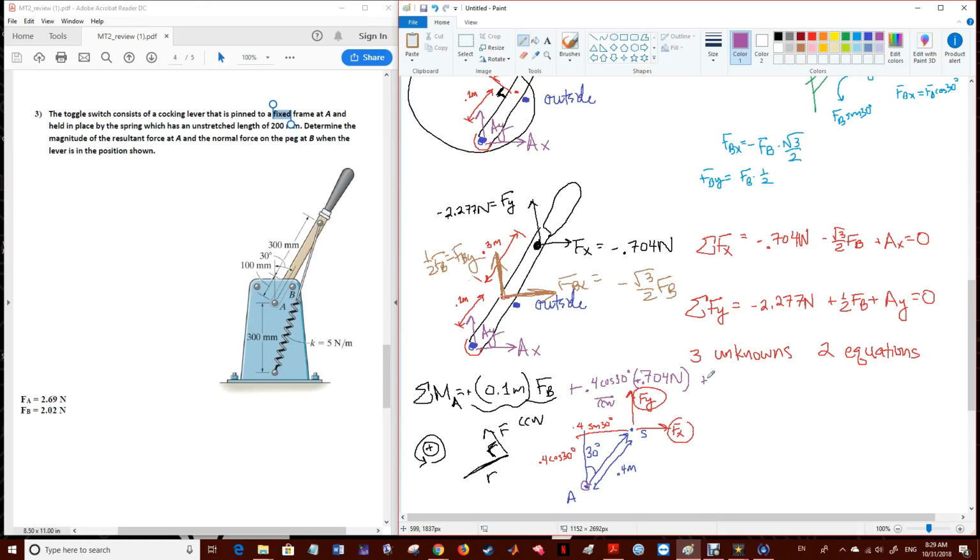Now for the y component, what I see is that the y force is written as positive, but I see that it's negative. So according to the moment at point A, we will have a clockwise rotation, which means that this second moment due to this force will be a negative component.